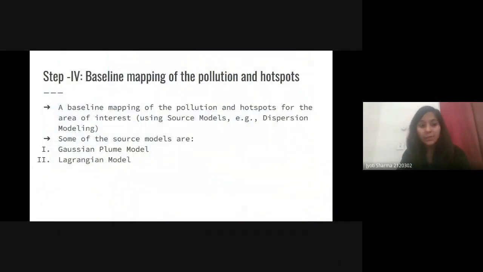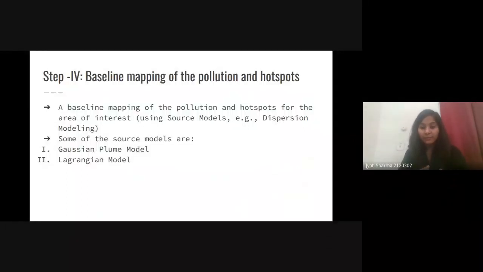The fourth step is baseline mapping of the pollution and the hotspots. So what will you do? Because you have the input data, you have the information of how much primary pollutant the industry is emitting and how much secondary pollutant the industry is emitting.